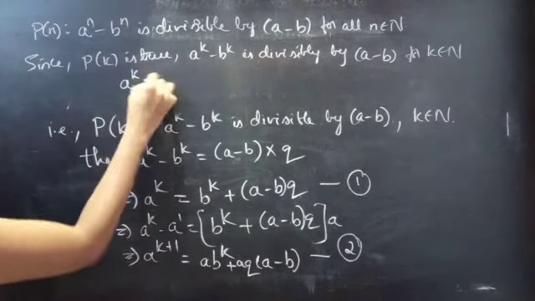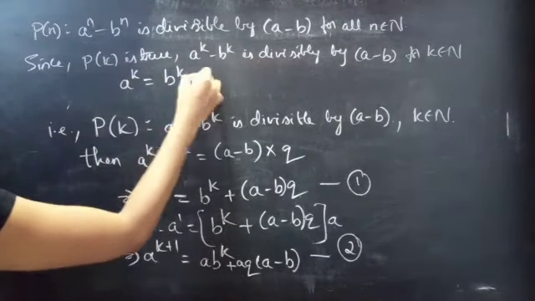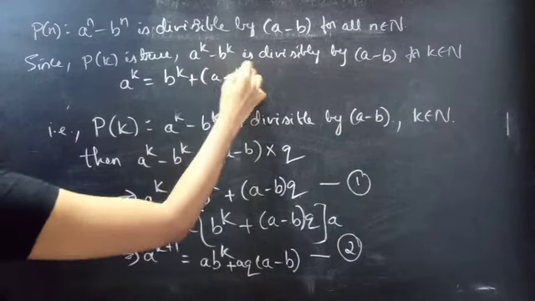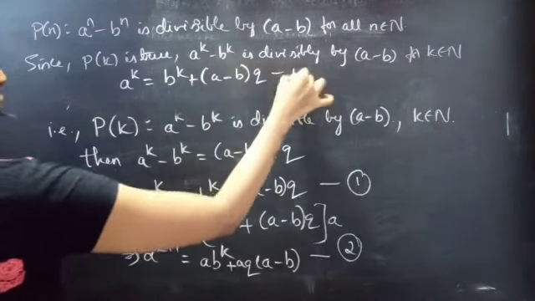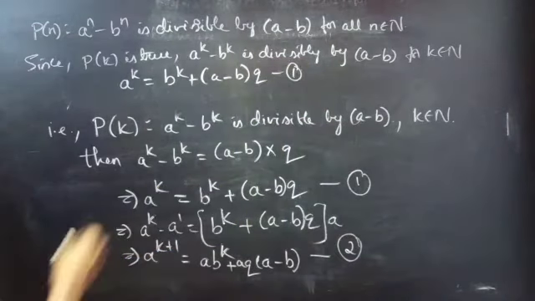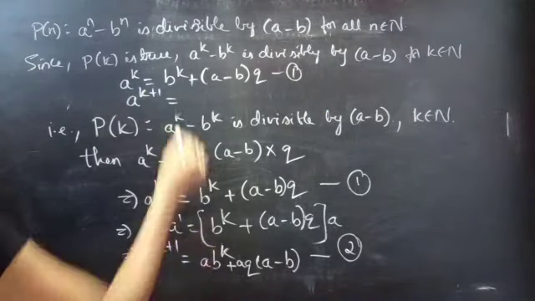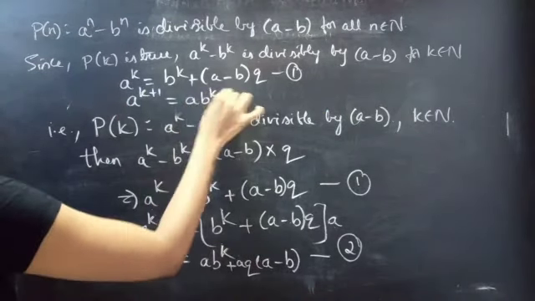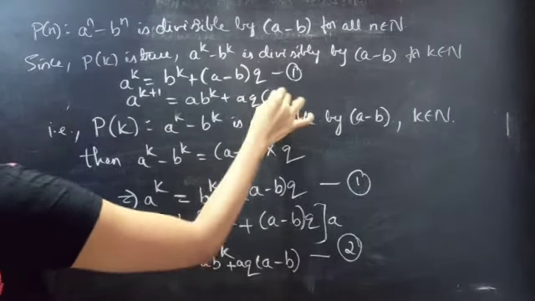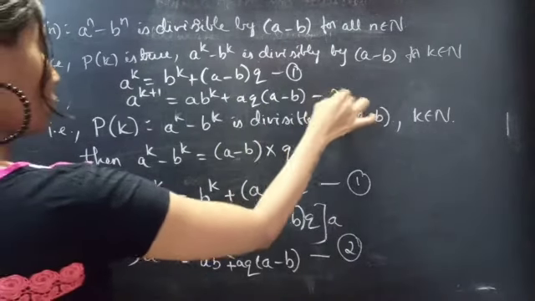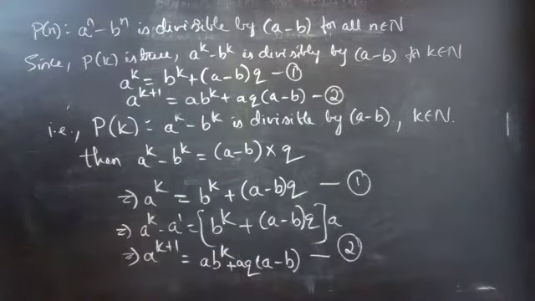A power k equals b power k plus a minus b into q. We have considered this as equation 1. And the second equation, a power k plus 1 equals a into b power k plus a q into a minus b, which is our equation 2, right?